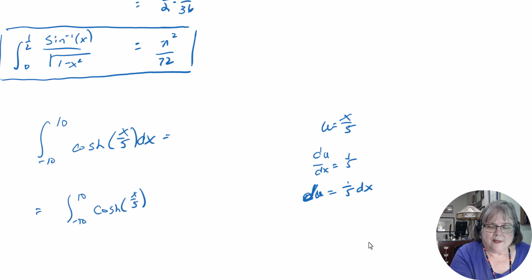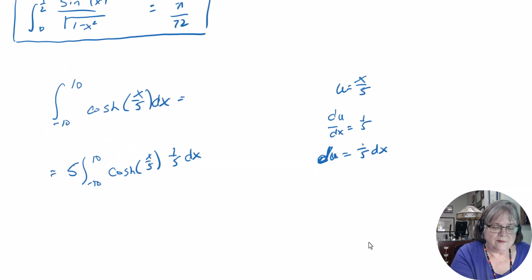And I just need a 1/5 right here. So I need to undo it with this 5 that's out there. So I have 5. What did you integrate this to? The hyperbolic sine, because this is my u, and this is my du.